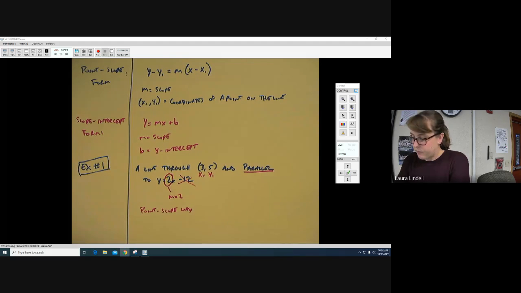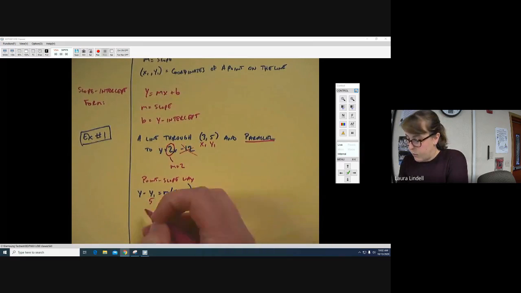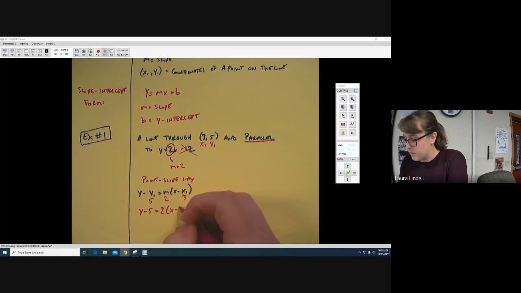We have y minus y1 equals m times x minus x1. So instead of y1, I'm going to put a 5. And instead of x1, I'm going to put a 3. And instead of m, I'm going to put a 2. So we get y minus 5 equals 2 times x minus 3.